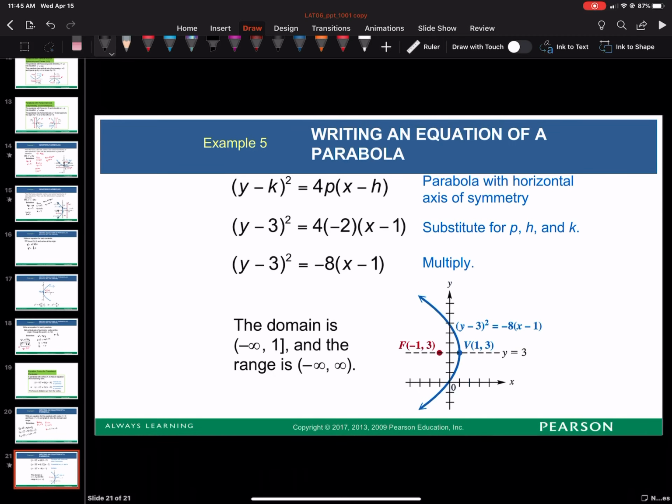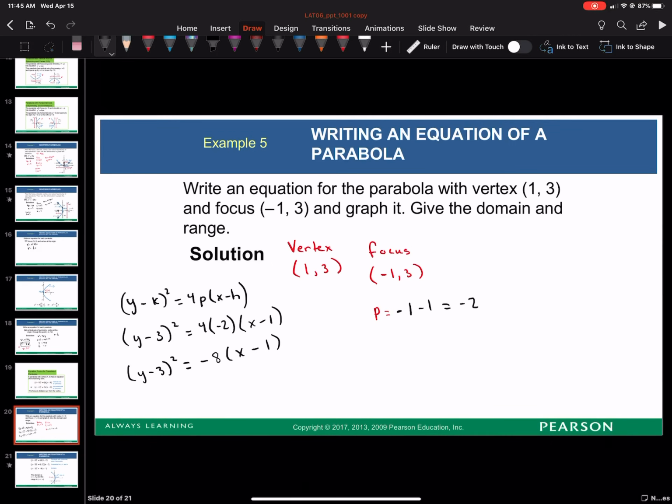If we look at the actual thing, pay attention: since the vertex is now here, it went from its original state right 1 unit, and then it went up 3 units.